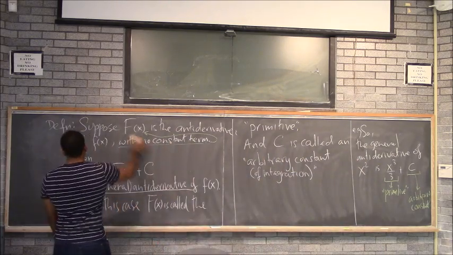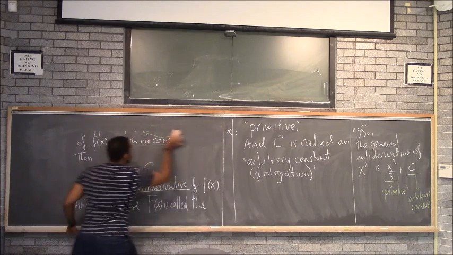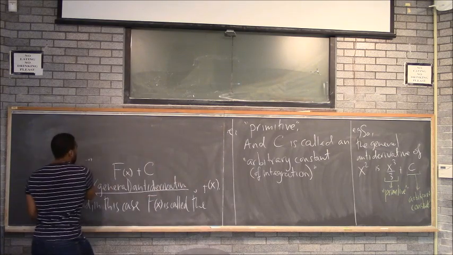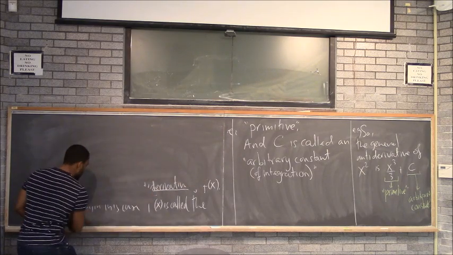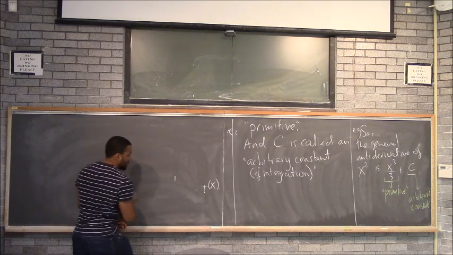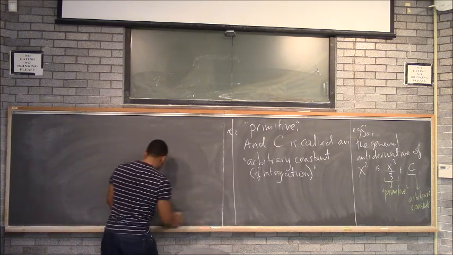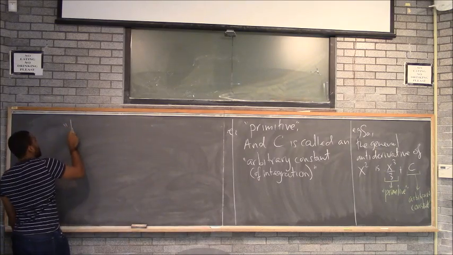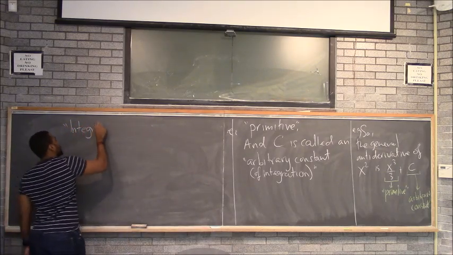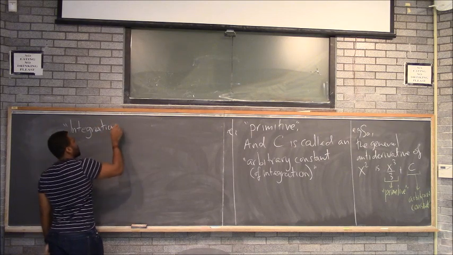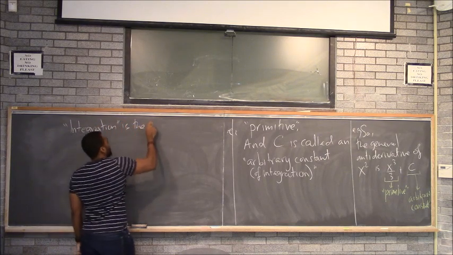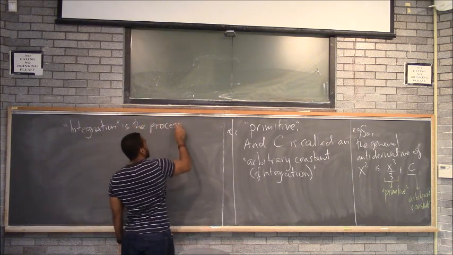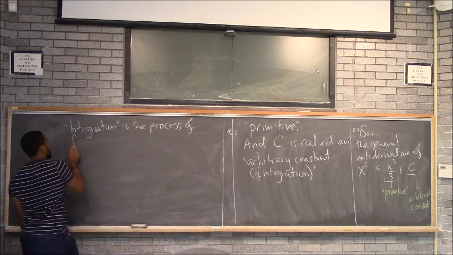Also, why is it called the constant of integration? Because, and it will make sense why we use the word integration as opposed to something else. That will be made clear later, maybe next class. Integration is the process of finding an antiderivative.